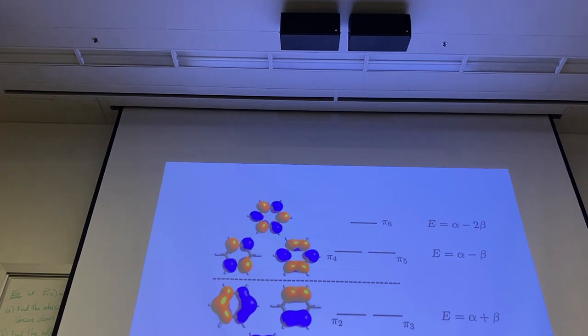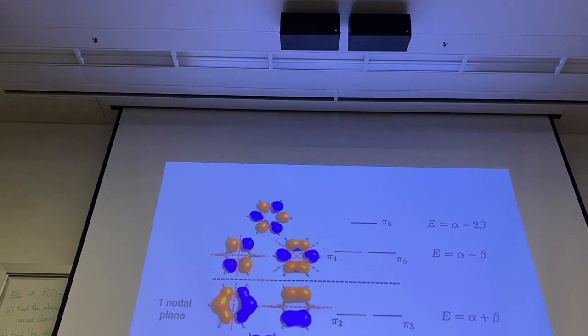Now, we see exactly the same trend as before, because the lowest lying orbital in terms of energy is the one with the most constructive interference, no nodal planes. The next ones, pi 2 and pi 3, each have one nodal plane. And then, of course, the next two have two nodal planes.